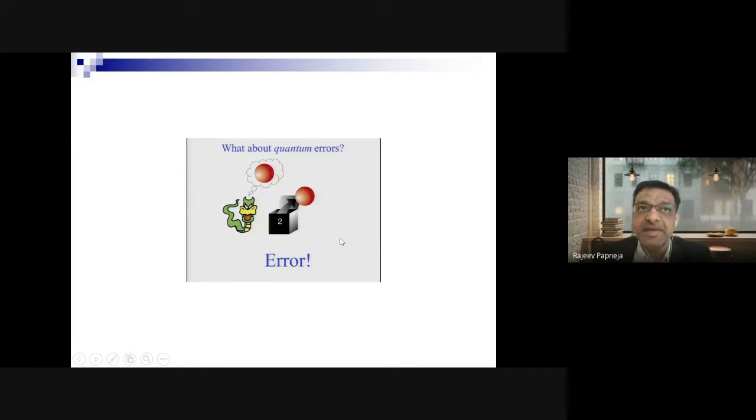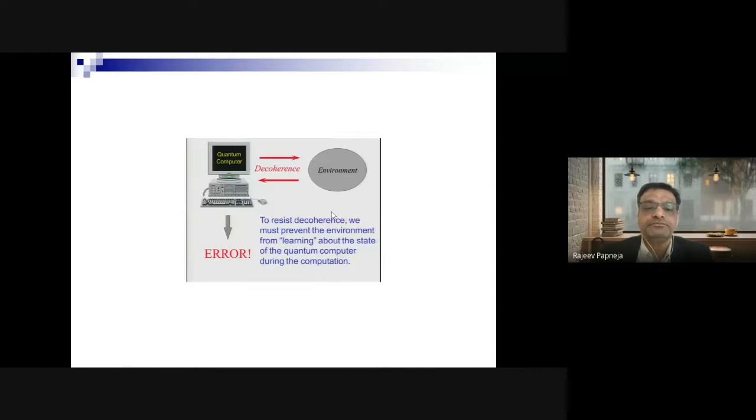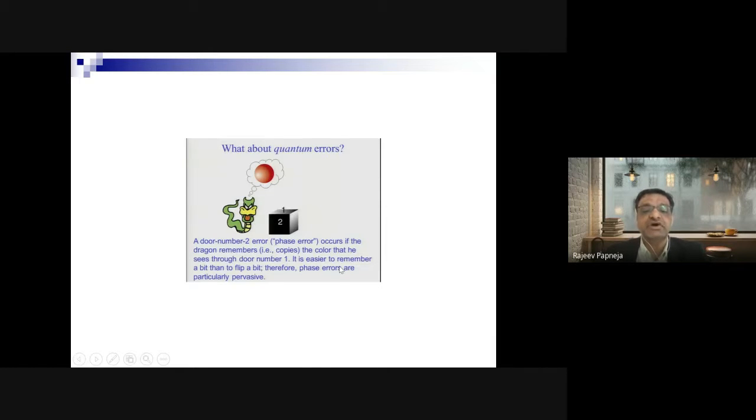So he has not changed the value of the bit when he opened door number 1, but he uses that value to change the value of the bit when he opens door number 2. And that is what is called a phase error. So he has not made any copy, but he is using that.